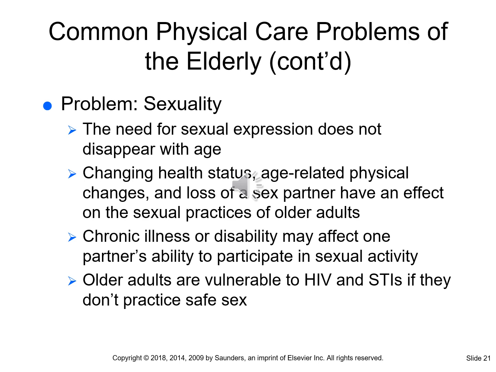Okay, so another common issue, sexuality. Now, just because a person gets older doesn't mean they have a decrease in their sexual desires. It's just that a lot of different things can impact their sexual activity.